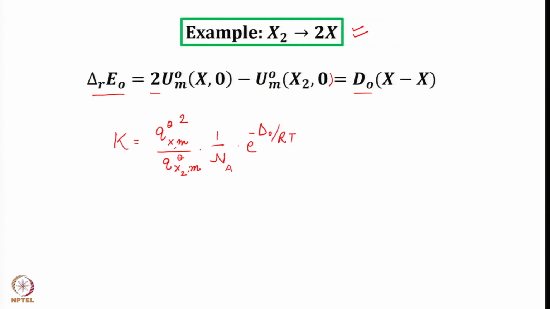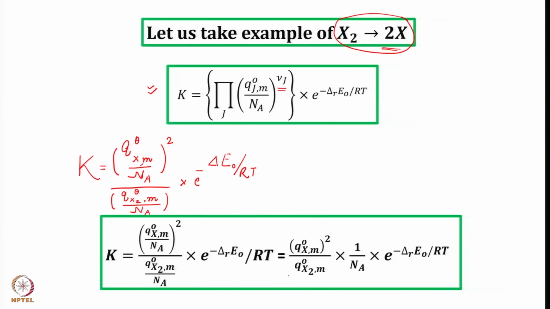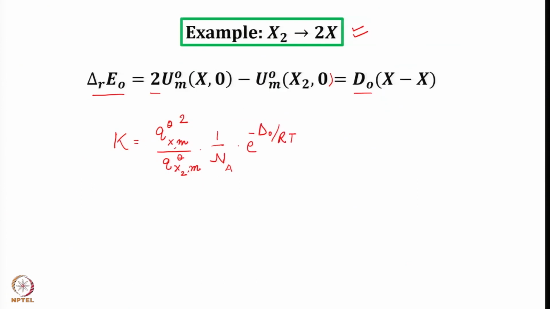Where from I get this expression? From this one. Qxm square over Qx2m naught 1 over Na exponential minus delta R E naught. This delta R E naught we have said that this is equal to D naught, and we have this expression now. Now, you carefully examine.